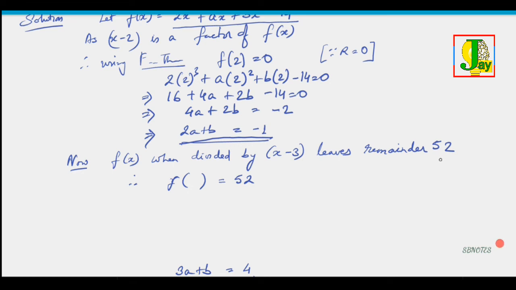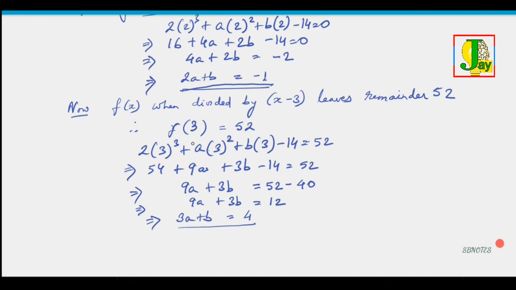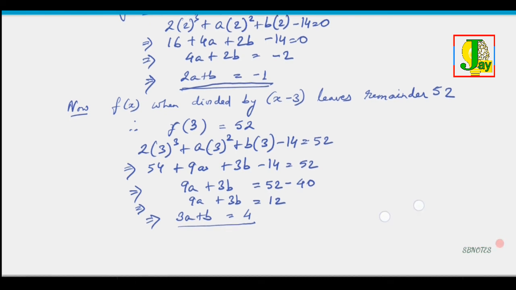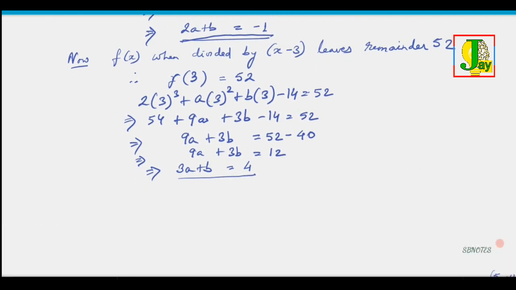Now when f(x) is divided by x minus 3, the remainder is 52. So here we have the remainder as 52. So f of how much? F of 3, at x equals 3. So now you have to put 3 in place of x. So we get two equations, 2a plus b equals minus 1 and 3a plus b equals 4. Use the elimination method here.